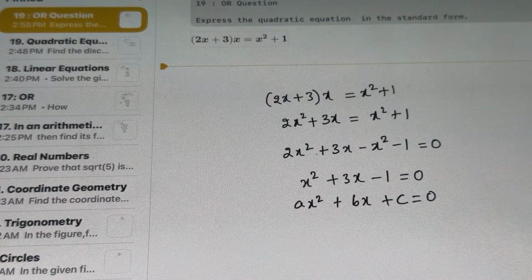Now we are going for the new question. The new question is based on real numbers. We need to prove that the given value is an irrational number.